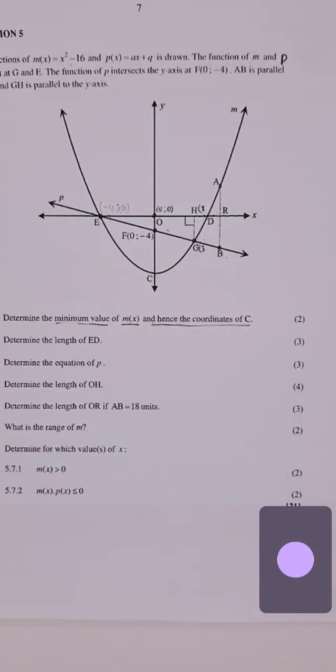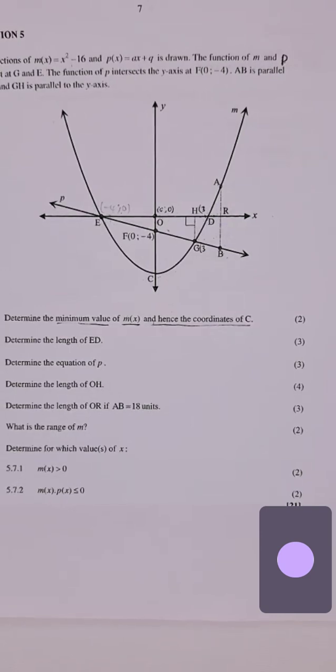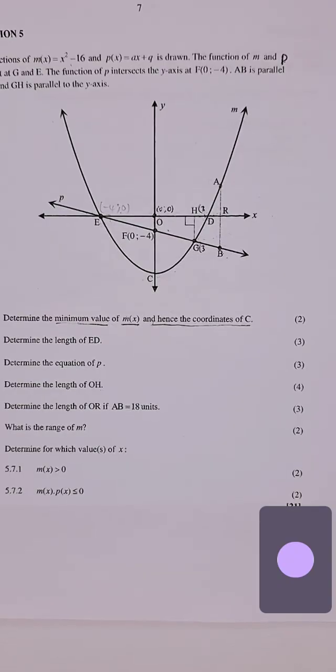So out of those coordinates, which one did we use to judge the minimum? To make our decision about the minimum, did we use x or did we use y coordinate of C? I don't know. You don't remember? No.